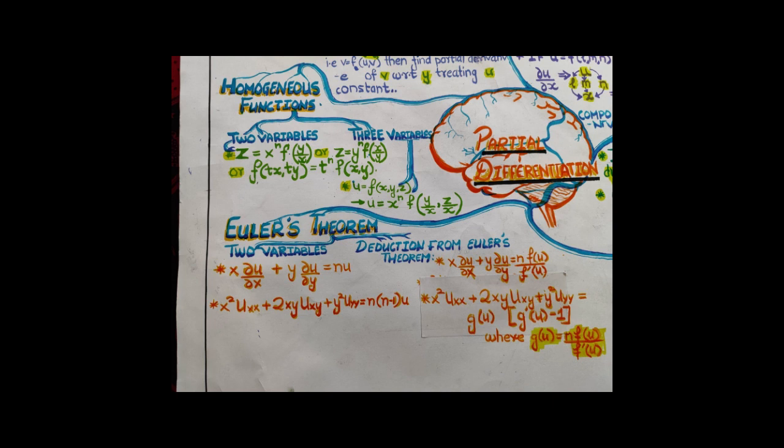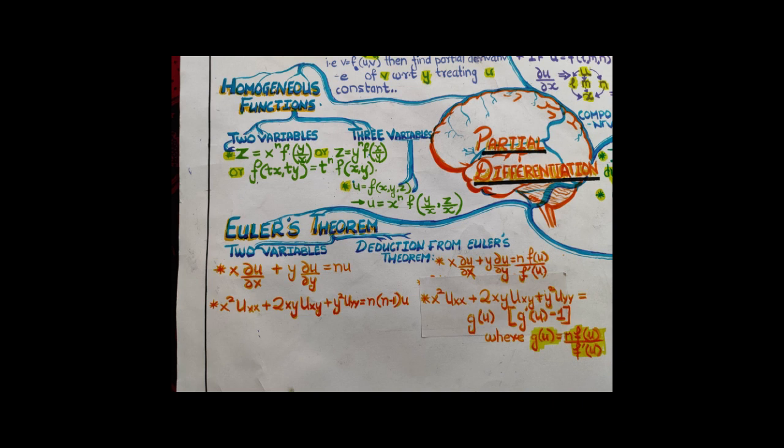Now Euler's theorem. First, Euler's theorem on two variables. Euler's theorem on homogeneous functions of two variables states that if u is a homogeneous function of two variables x and y of degree n, then first, x ∂u/∂x plus y ∂u/∂y equals n times u.